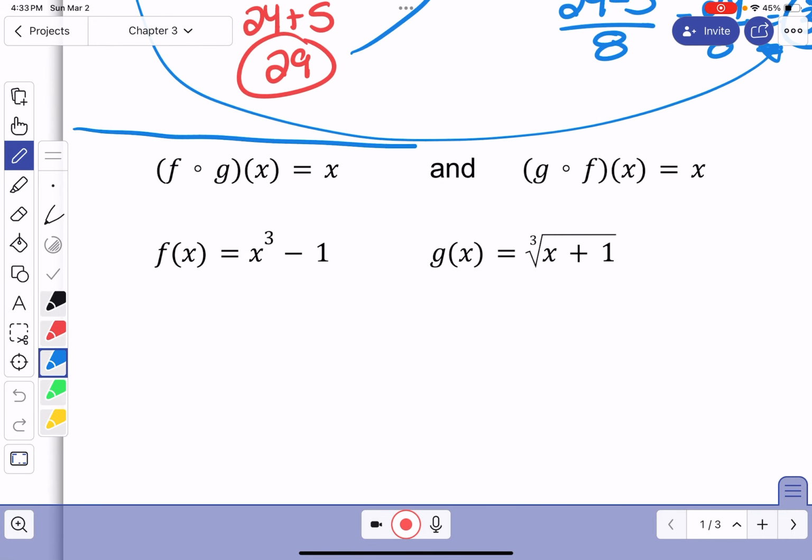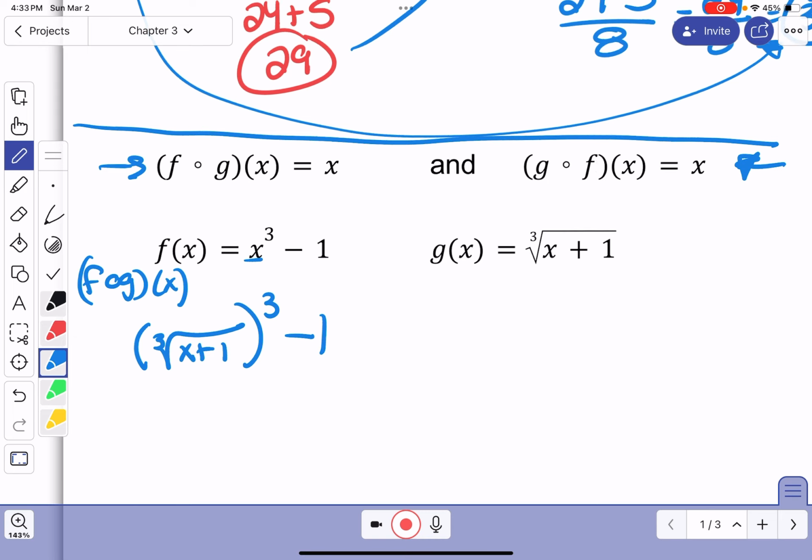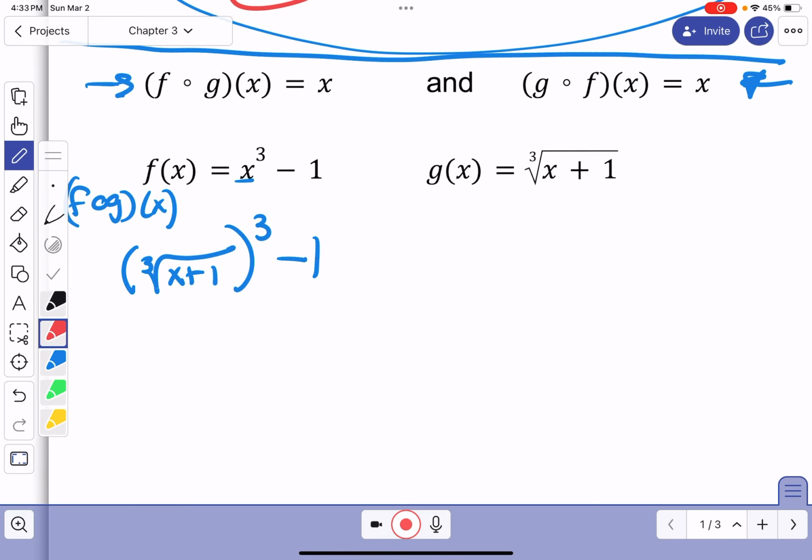Another way to check is to do f of g and g of f, so do your compositions. And if they both work down to x, they're inverses. So for f of g, we take g and plug it into x. So I'm going to write the function of g, where x is, and then simplify. So the cubed root of a cube cancels it out. 1 minus 1 is 0, so we're left with x.